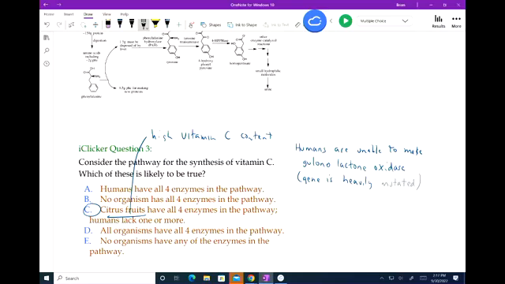All right. So therefore, we must, that's where it changed color on me. We must get vitamin C made by something else.